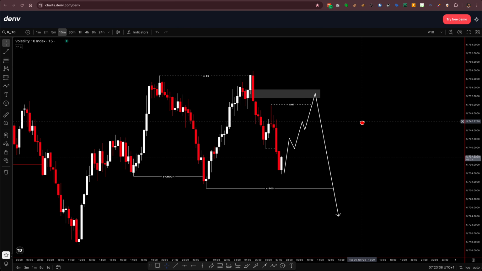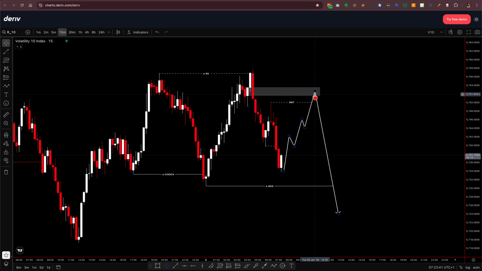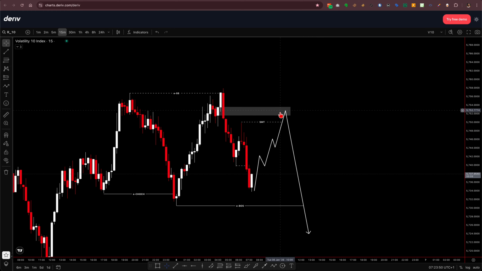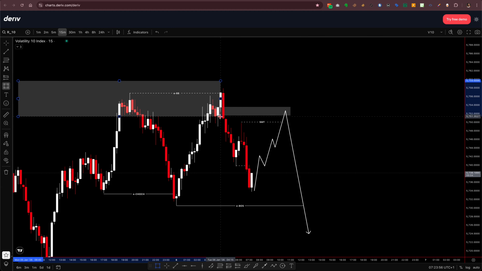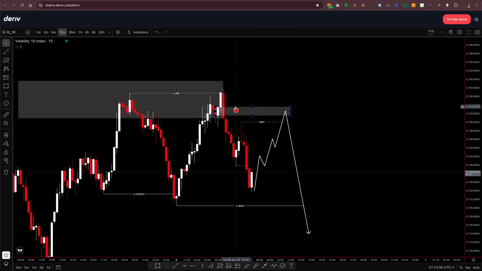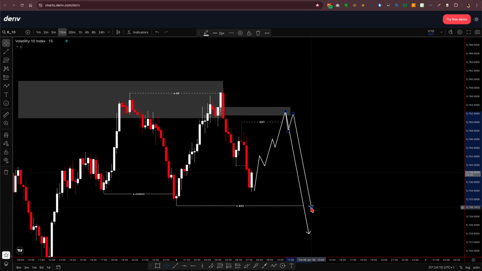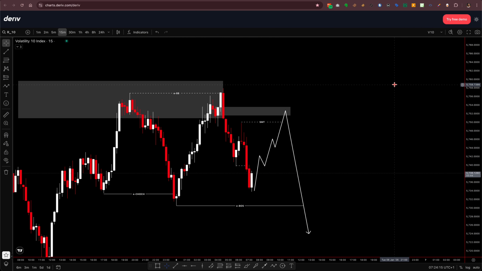I'll be waiting for this to play out, and once price gets to this point, being that I didn't pick this POI from a 4-hour standpoint... For instance, if there was a 4-hour POI coming from here, and that was where I picked this point of interest from, then I would have entered this trade directly: wait for price to get here, wait for the 15-minute structure to be broken, then take a re-entry and sell, right? But because I came in here just on the 15-minute time frame, I still need a fractal confirmation entry.